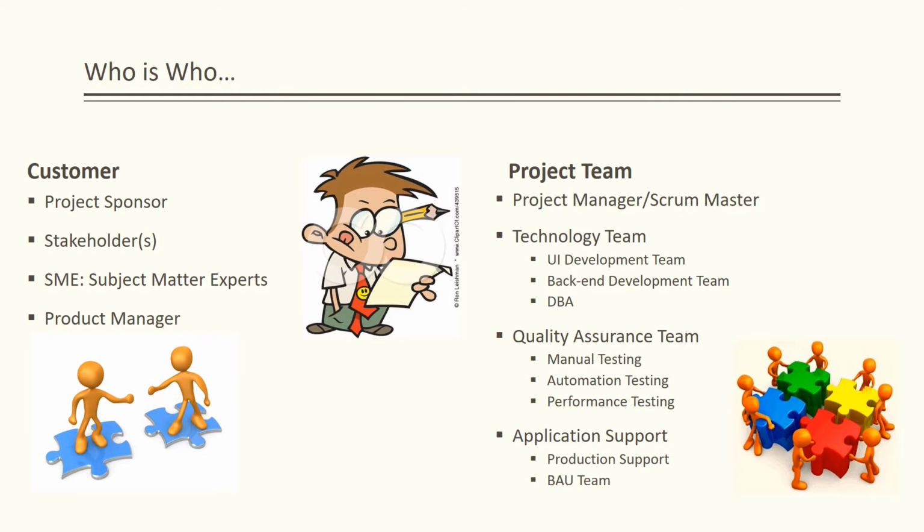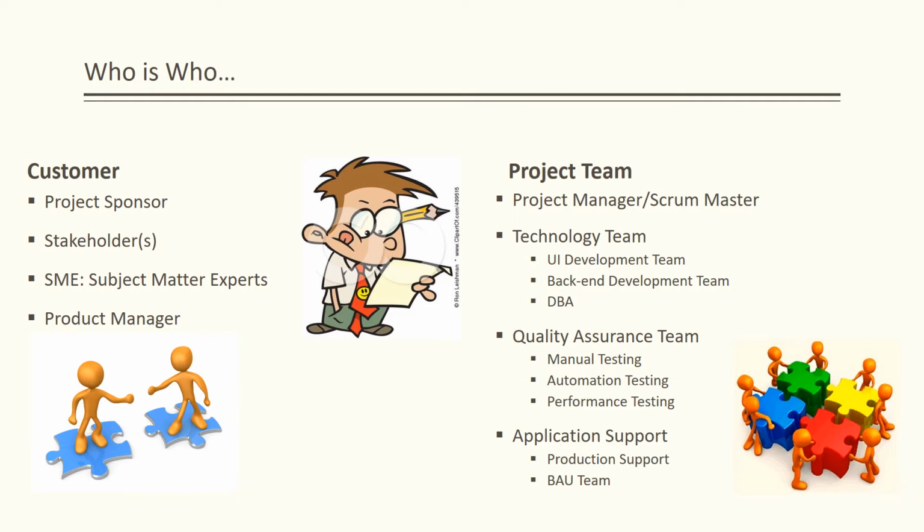So this is a quick overview of what a business analyst would look like, right? So this little guy right here is essentially the liaison between the customer, who could be a sponsor, stakeholder, SME, or even product owners on one side, and the actual project team on the other side, right?